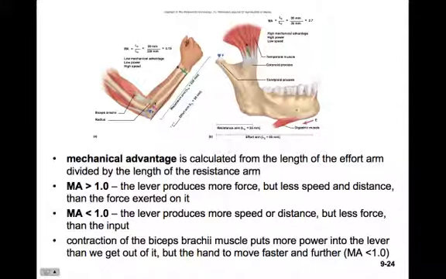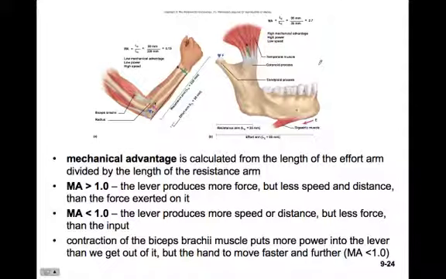Tension in the temporalis muscle here provides the resistance against that. Thus, the resistance arm is much shorter. In this case, we'll see that the effort arm divided by the resistance arm gives us a number greater than 1. Thus, we see high mechanical advantage, which means we get high power but much lower speed.